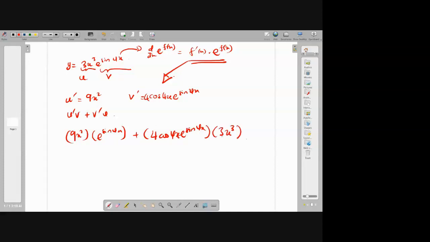Okay, 4 and 3 are constants, so we can combine 4 and 3 as 12. So we have 12 here.